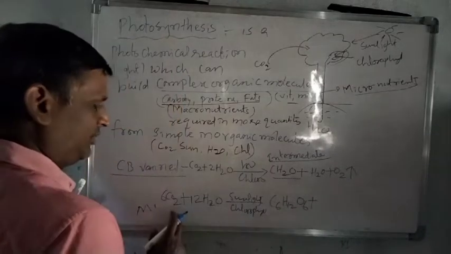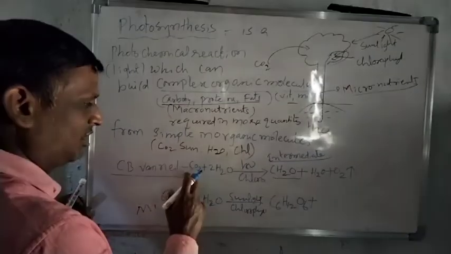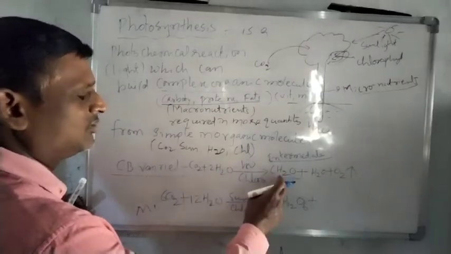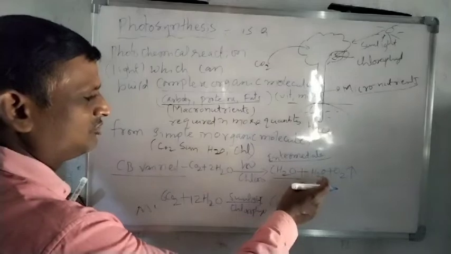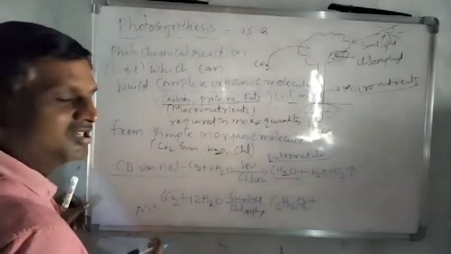C6H12O6 plus. When we take one carbon dioxide and two water molecules, we got CH2O, but besides CH2O we got one water molecule and one oxygen molecule.